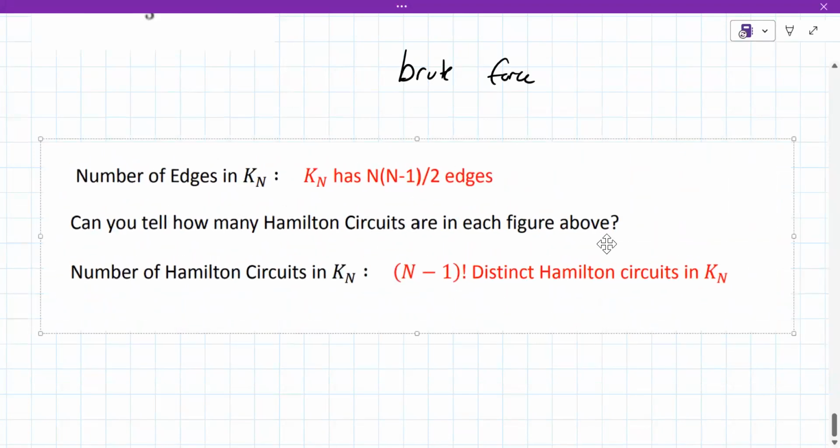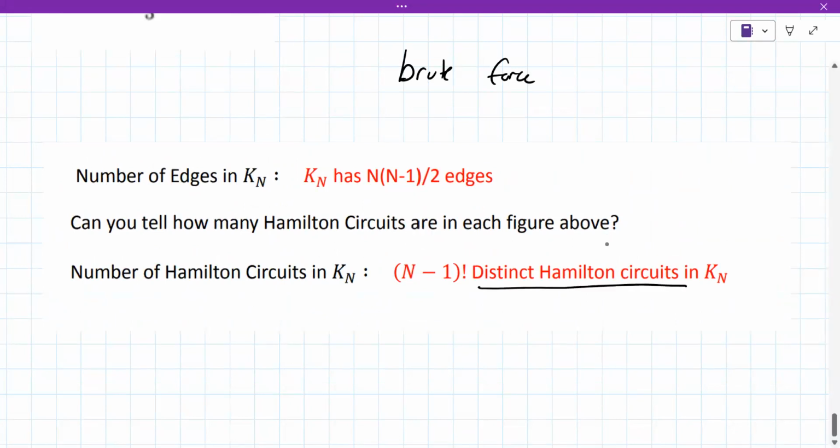But I keep seeing this formula for distinct Hamilton circuits down here, n-1 factorial. And I keep seeing this number of edges formula here. So that might be good to put down. I could just see a scenario where you are given n and you have to calculate this, knowing that it's n minus 1 factorial.